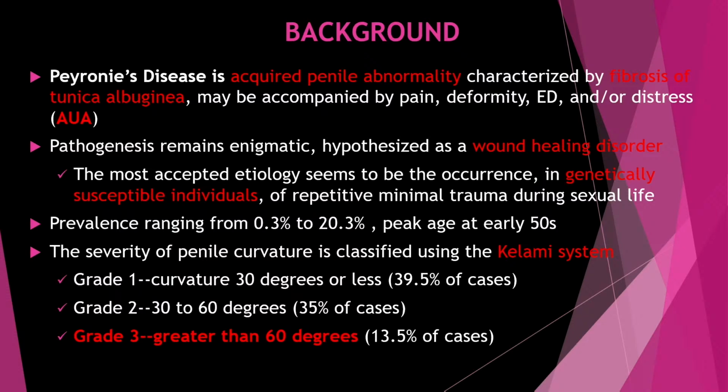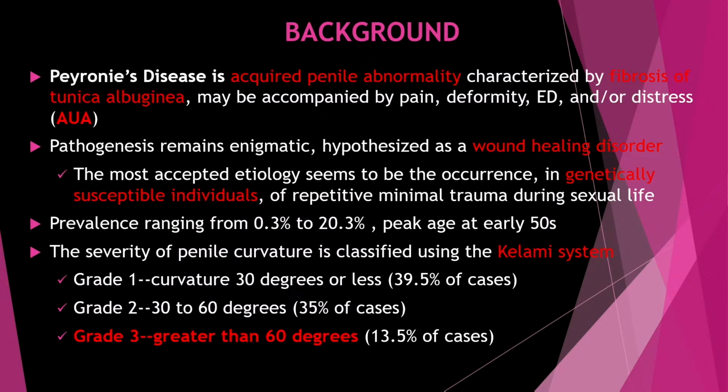The exact pathogenesis is not exactly known, but it is highly hypothesized that it is a wound healing disorder in genetically susceptible individuals, particularly following multiple microtraumas during sexual intercourse. The prevalence of this disease is wide-ranging, and it's quoted in literature to be between 0.3 to 20%, and it peaks in the early 50s of age.